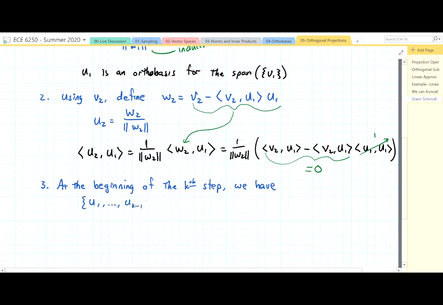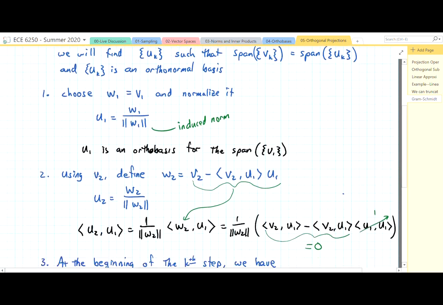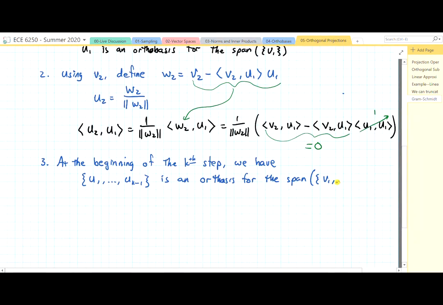So if we're at the third step, we've already defined u1 and u2, which is actually what we've done. So we have an orthobasis for the span v1 to vk minus 1.